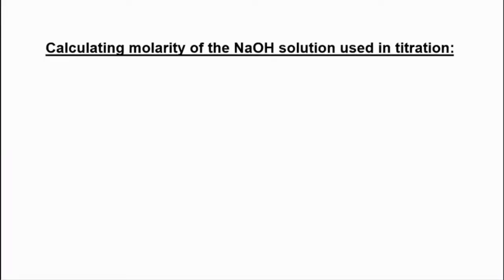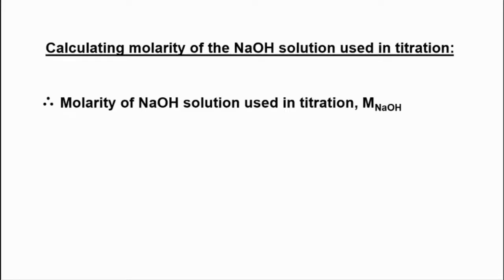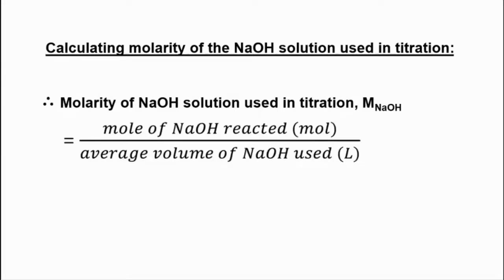Then we are going to determine the molarity of the sodium hydroxide solution used. How do we calculate the molarity of the sodium hydroxide solution used in this titration? Remember, moles of sodium hydroxide reacted divided by the average volume of sodium hydroxide solution used, in liters.